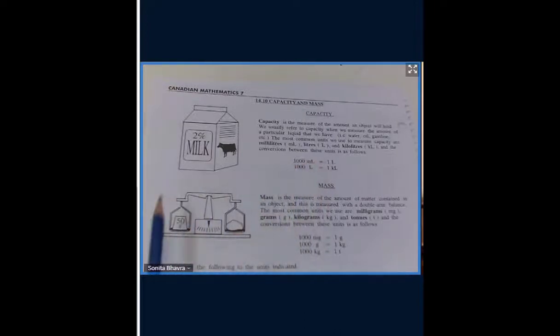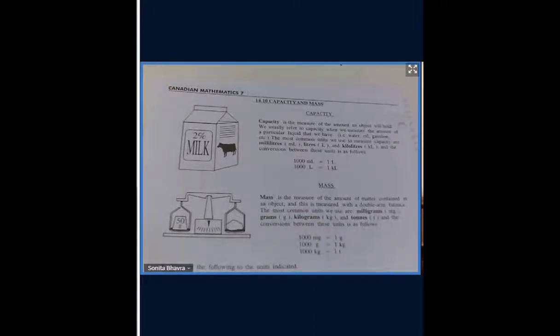When we talk about mass, you can use a balance to measure the amount of mass. It's the measure of the amount of matter contained in an object, and it is in the units milligrams, mg, grams, which is g, kilograms, kg, and as well tons, which is t.